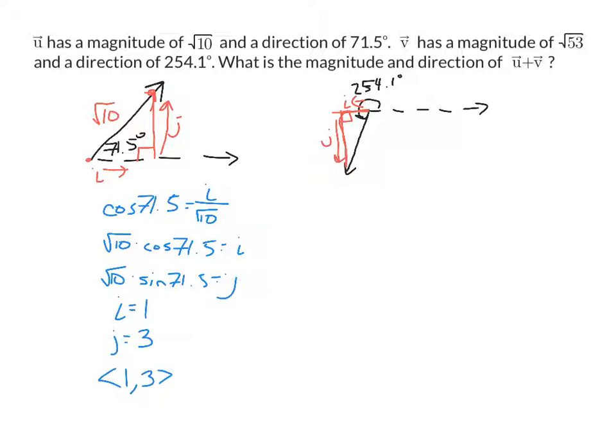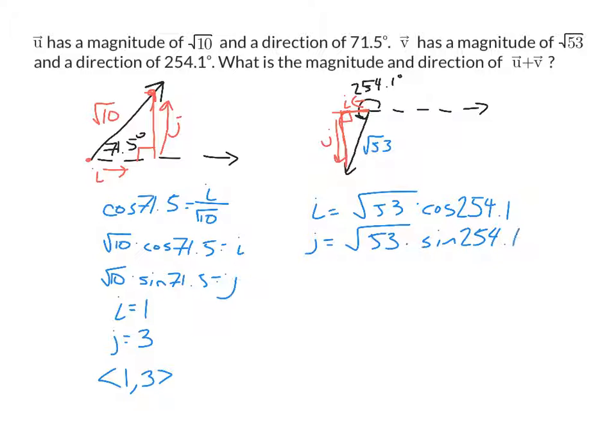So the i vector is done by cosine, so i will equal square root of 53, because that's your hypotenuse, times the cosine of 254.1, and j will be the sine value, so root 53 times the sine value of 254.1.